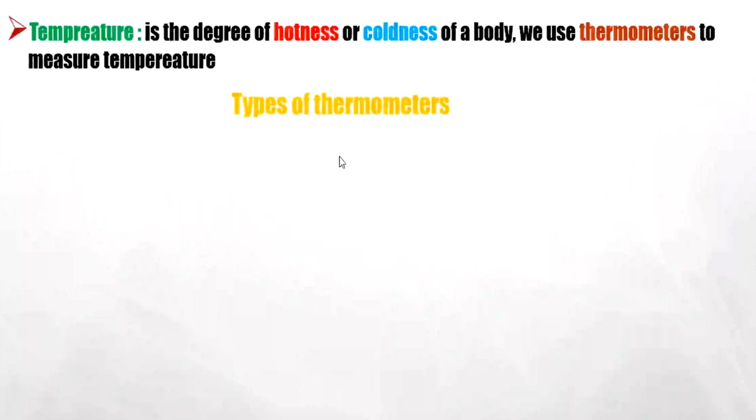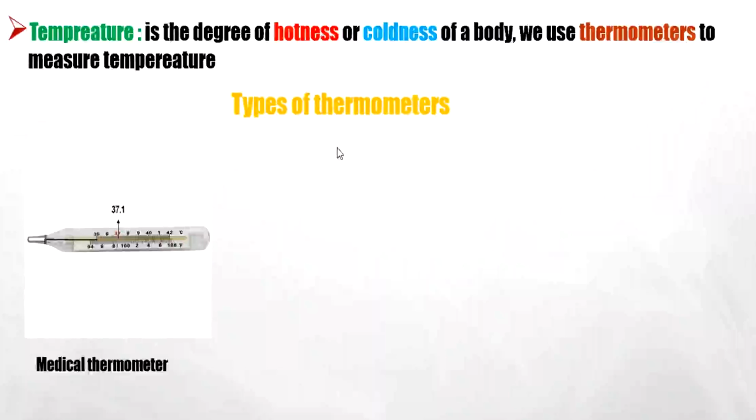Now we will take different types of thermometers. First type, medical thermometer. We use a medical thermometer to measure temperature of a human body.